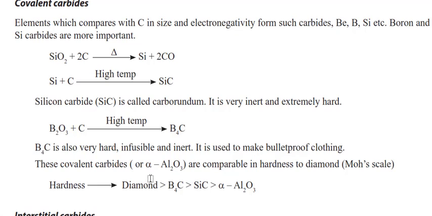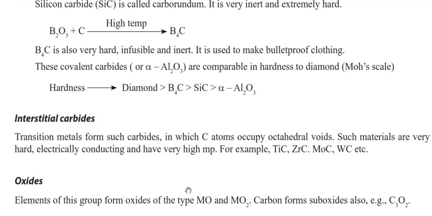Those covalent carbides are comparable in hardness to diamond, represented on the Mohs scale. Diamond is the hardest element on earth, alpha alumina is 8 on the Mohs scale, and diamond is 9. So boron carbide and silicon carbides are in between them.